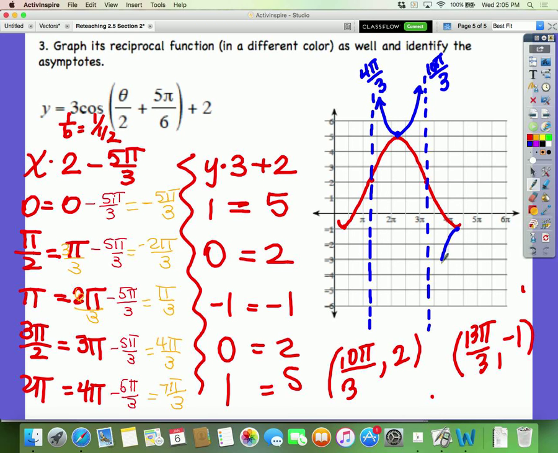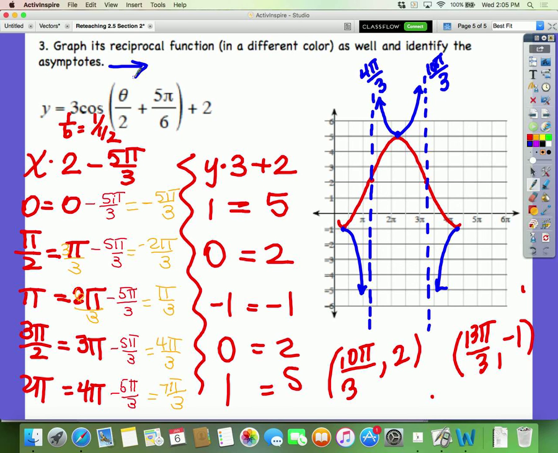Wherever there was a min, you had a parabola going down. So the blue represents the secant function of this. Remember, secant has no amplitude. Now the asymptotes. Once you graph it and you can figure out where the asymptotes are, it's not too bad.